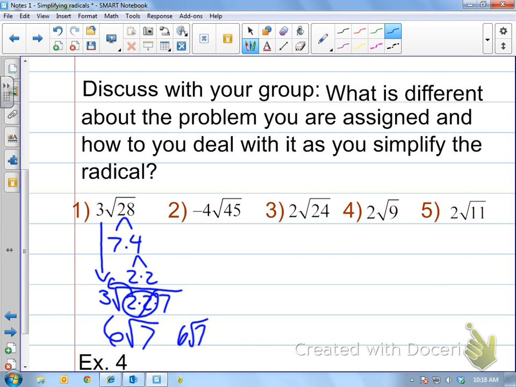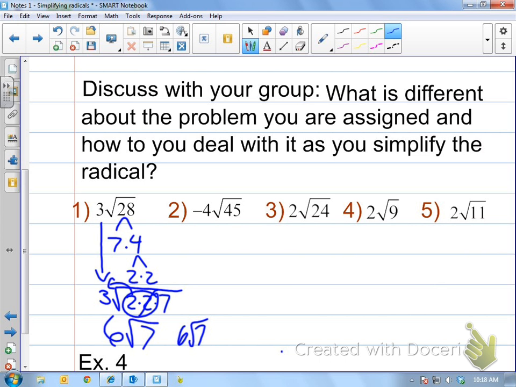The second one, the only thing that's different about the second one from the first one? There's a negative. You're still going to do the exact same process, but when you multiply, what did you guys get as your final answer?